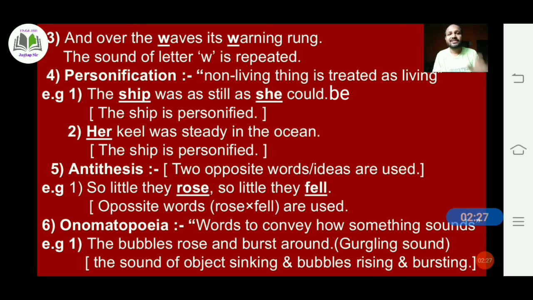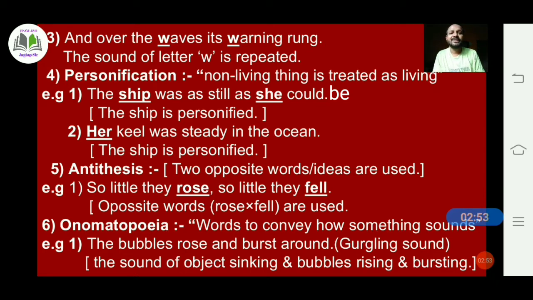Here the ship is personified because the word "she" is used, which is used for a human being, but we know a ship is not human. So this is an example of personification. Second one, her keel was steady in the ocean. Now here also the ship is personified using the word "her".